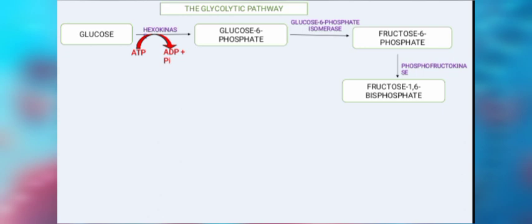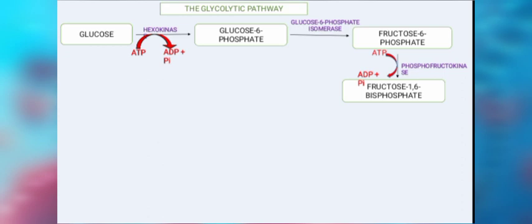Phosphofructo from fructose 6-phosphate, and as I said earlier on, any enzyme that catalyzes a phosphorylation reaction is called a kinase. So phosphofructo, then kinase. That particular reaction too involves ATP as a source of phosphate group donor.